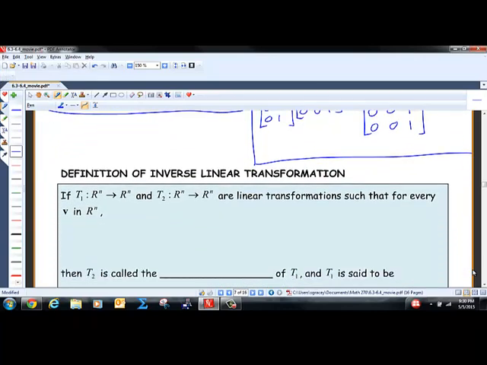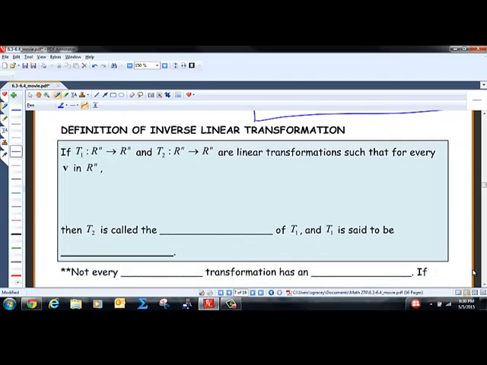Okay. So here we go, definition of inverse linear transformation. So if we have this situation, notice that instead of Rn to Rm, both of these go from Rn to Rn.